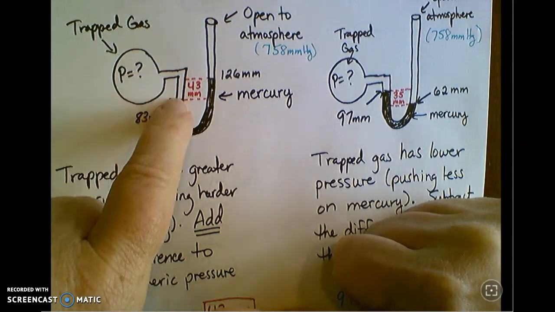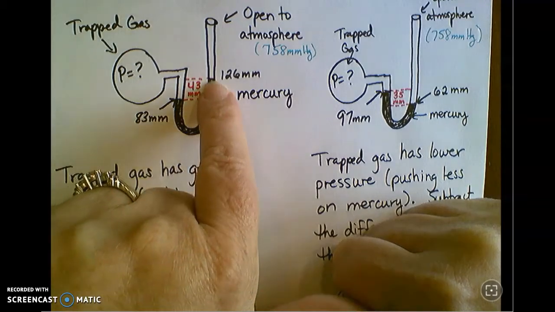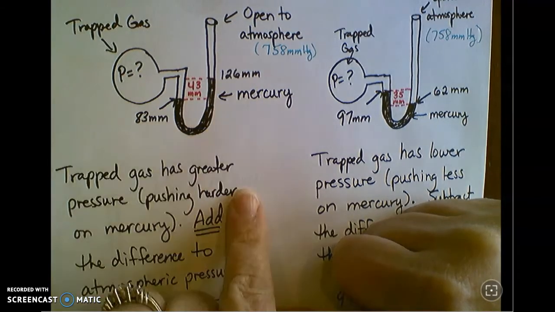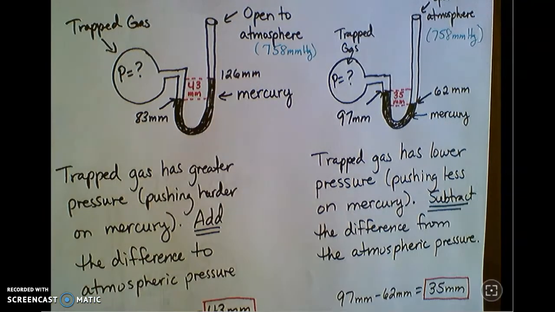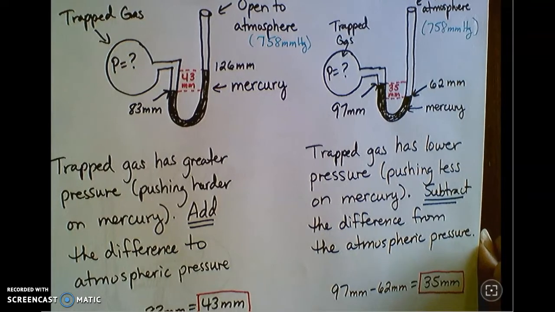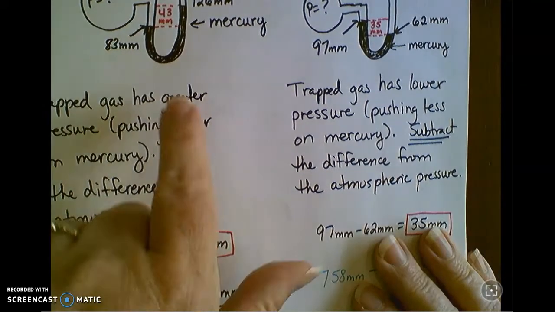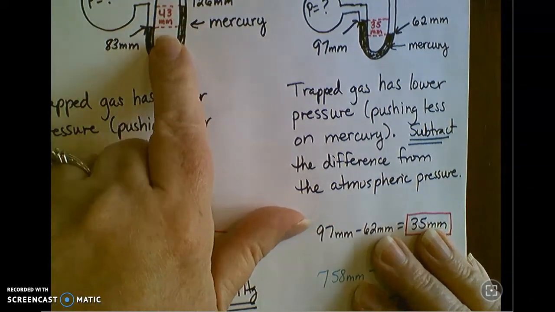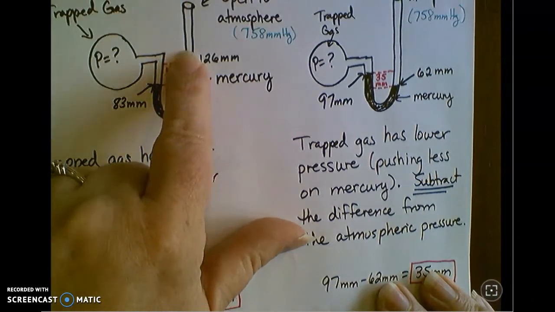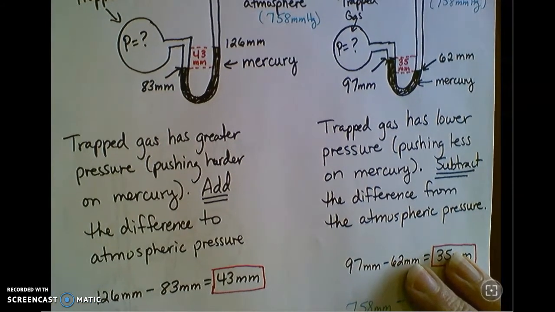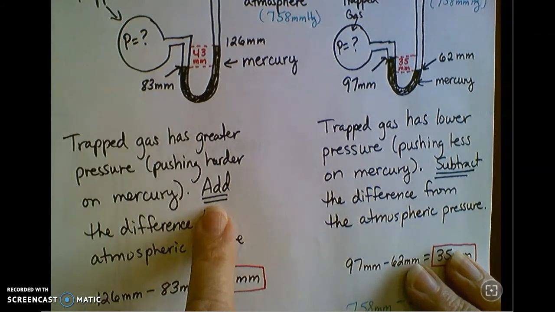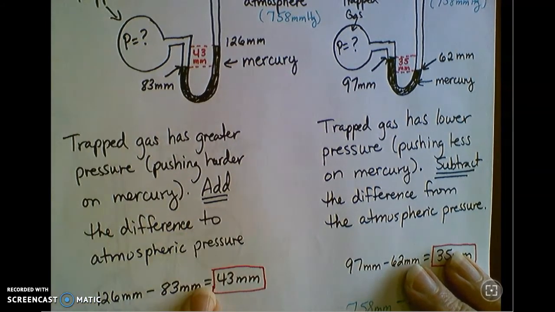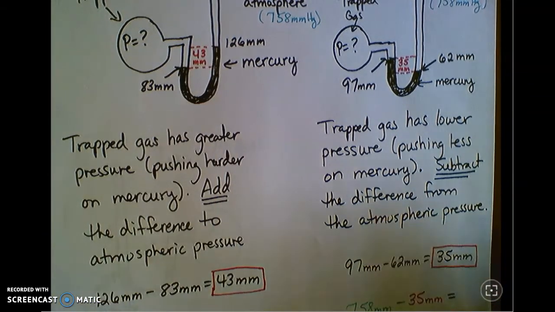And so since this one's pushing harder, it's able to push the mercury up against the atmospheric pressure. And so if that's the case, I'm always going to look at the difference in the two levels of pressure. But if the trapped gas is pushing harder, it has more pressure than the atmosphere, so I'm going to add the difference of the two levels to the atmospheric pressure.